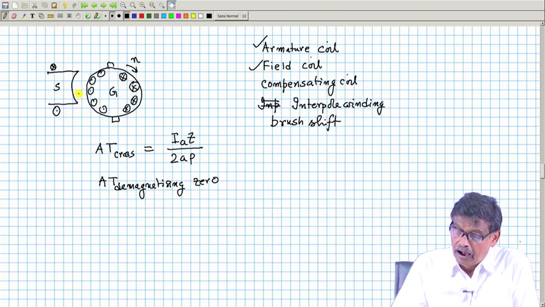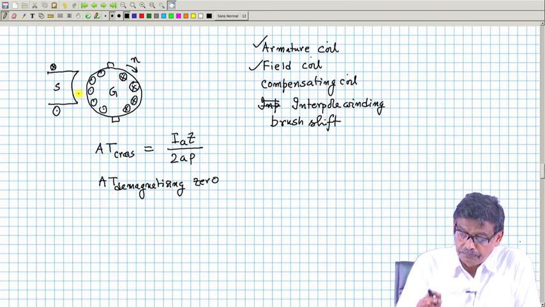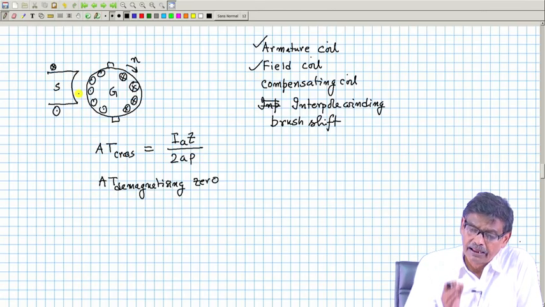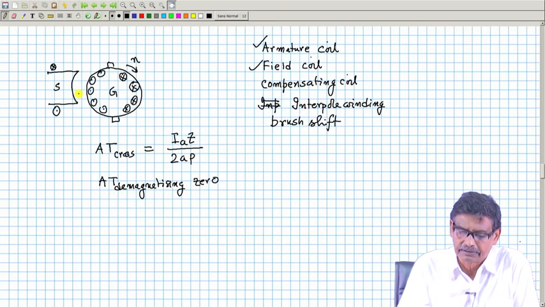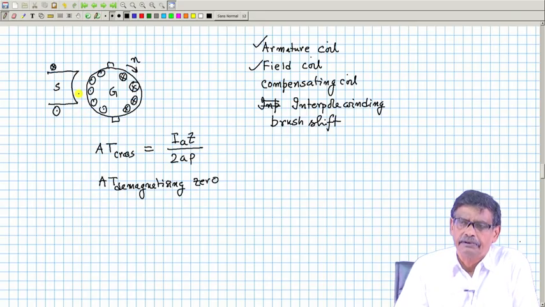Now, suppose I want to avoid this deformation in the flux. The consequence may be a little reduction in flux per pole. For a large machine, if it is high, we will try to see how it can be done.